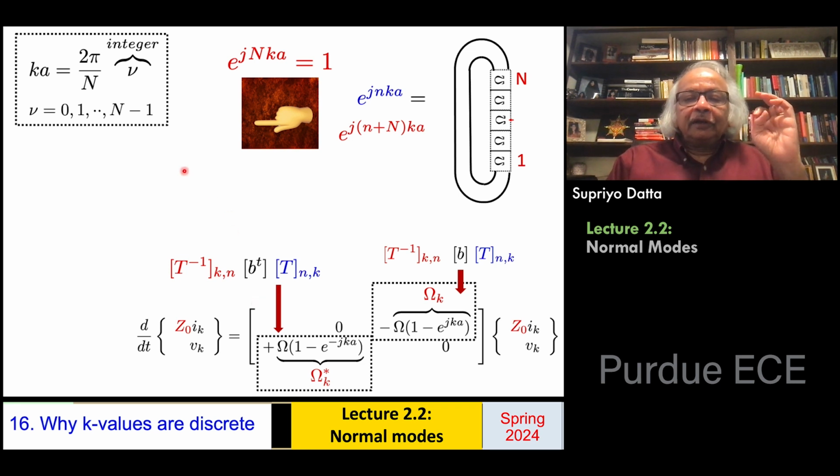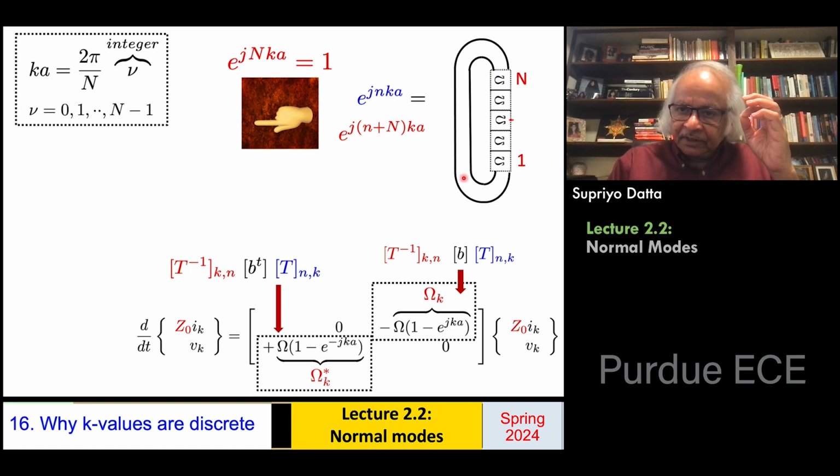And that is why you have to bring in this extra condition which limits the value of K to 10 values, if you have, say, 10 sections. If you have 5 sections, it will limit it to 5 values. And why is that? Well, that's because there is this periodic boundary condition, which says that the voltage or the current on the small nth section is e to the power j n k a.